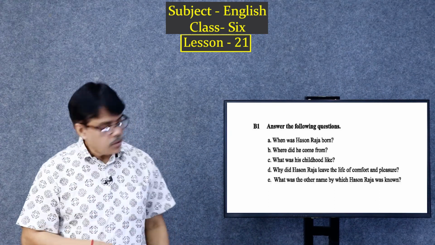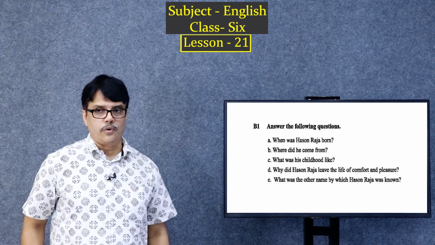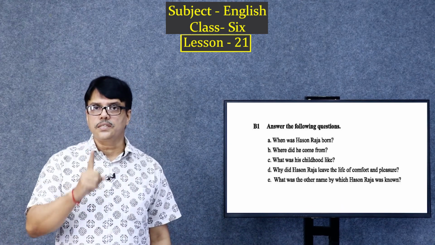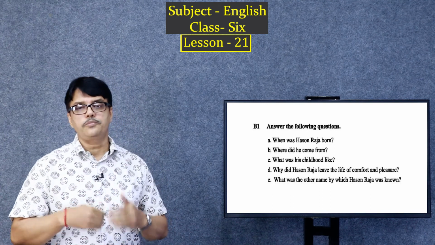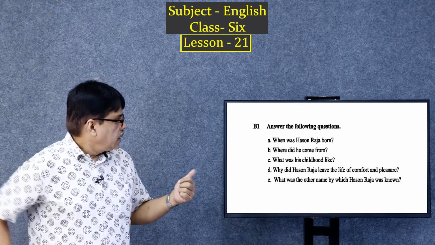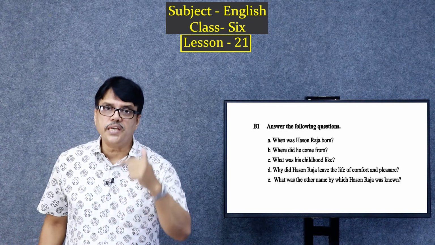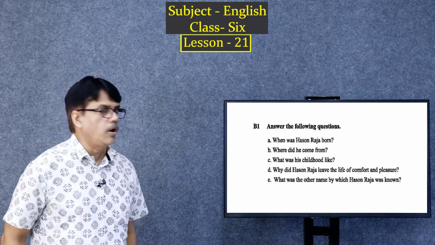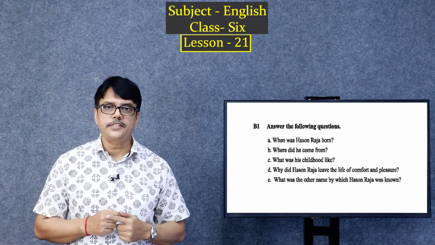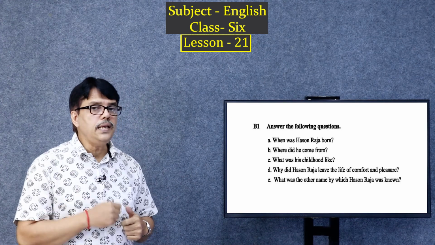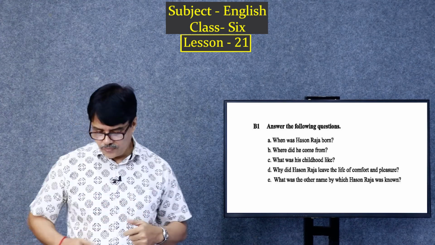Here you see, where did he come from? Did. So, the question pattern sentence is in past tense. So, we have to answer in past tense. He, past tense of come, that is came, he came from Sylhet, Bangladesh.